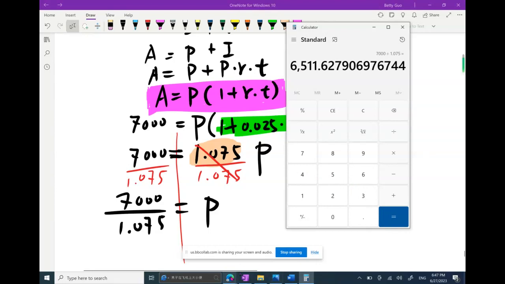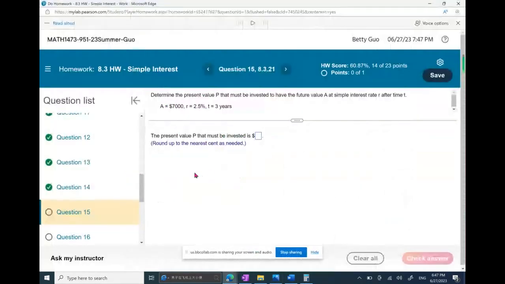How do we round it? Read the question. Round up to the nearest cent as needed. Good news is the system in MyLab Math, the assignments, they always remind you to round up.